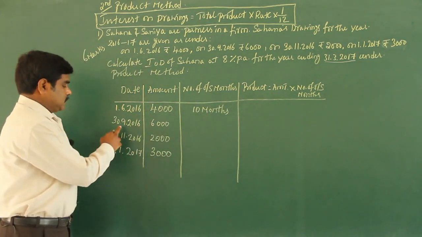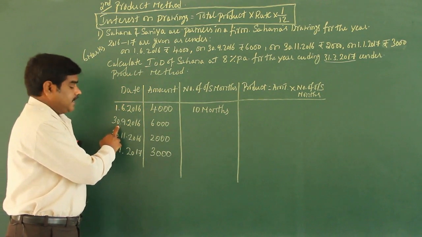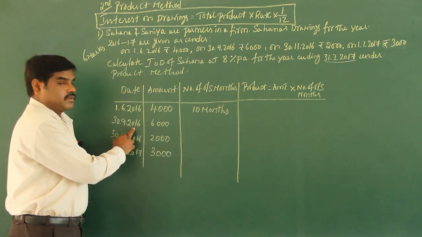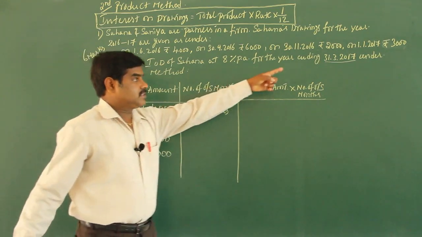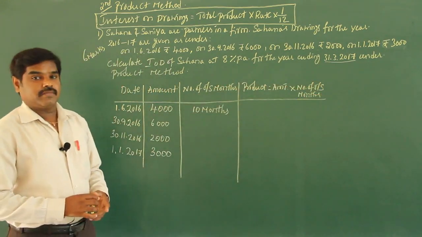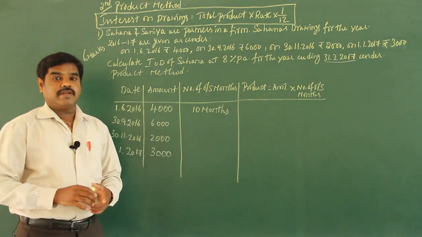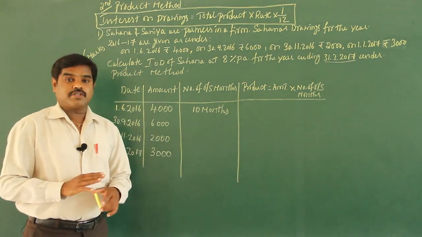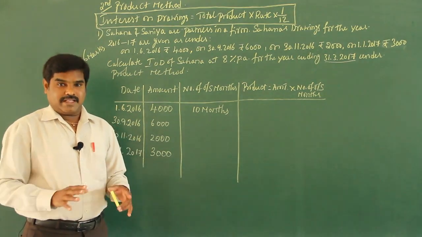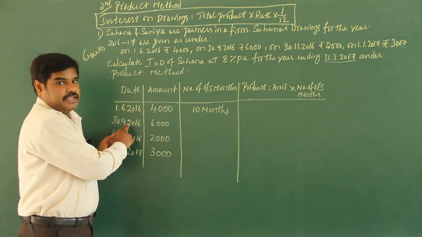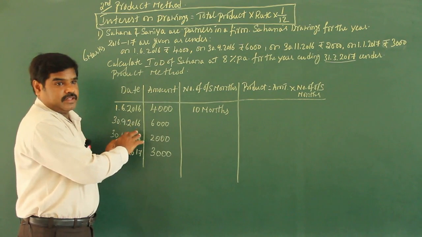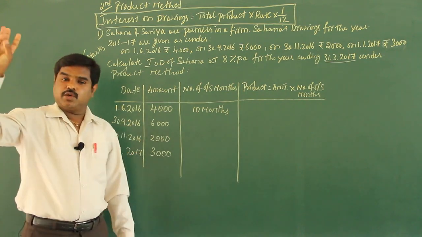Go to the next one. The next date of drawing is 30/9/2016, amount drawn 6,000. From 30th September to 31st March you have to calculate outstanding months. 30/9 means the end of September, so September should not be taken. Because money is drawn on the last day of the month, don't include that month; start from the next month, October.